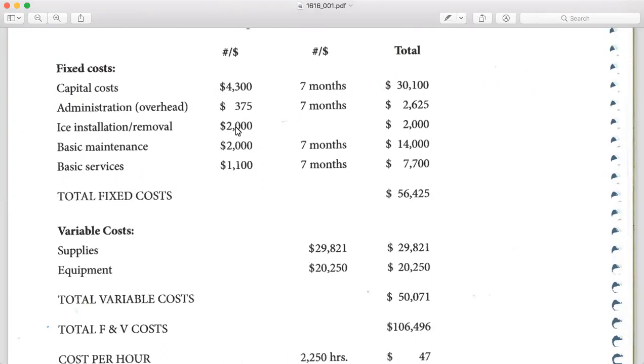And of course, this is a very simplified budget just for this example. The rink is open 7 months per year, which equates to approximately 2,250 hours. In this example, rather than the number of participants being the demand, the open hours represents the demand.